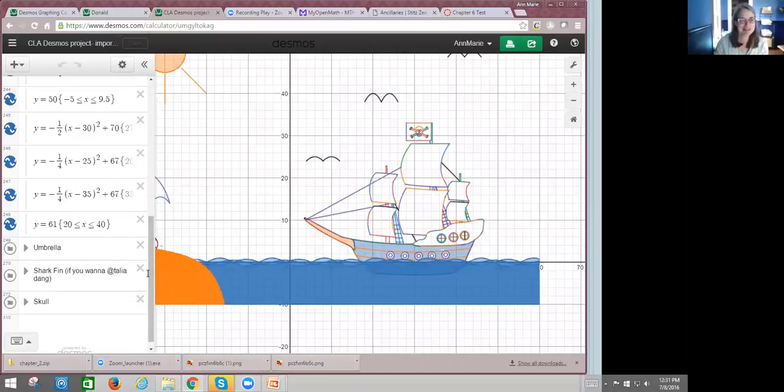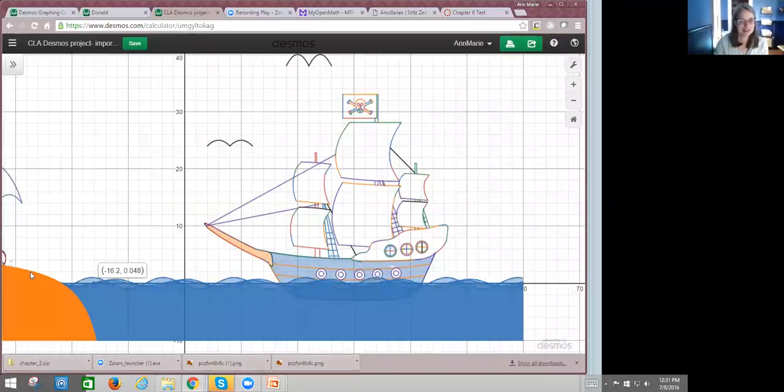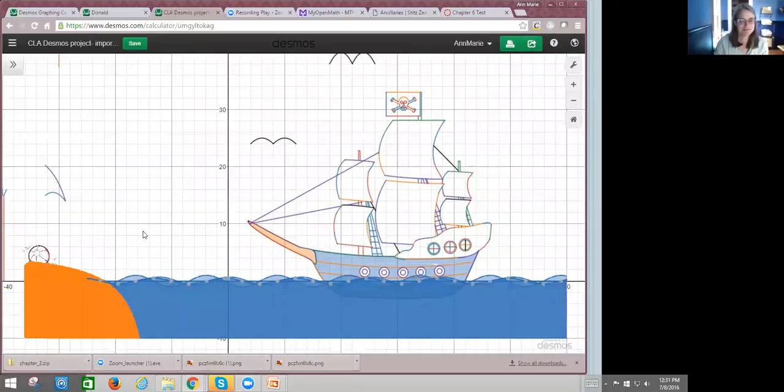And because this is Desmos, there's some animated stuff. We can put a beach ball on. There's the beach ball. Notice the waves are actually moving. There is a beach ball right here. Beach ball and the umbrella.